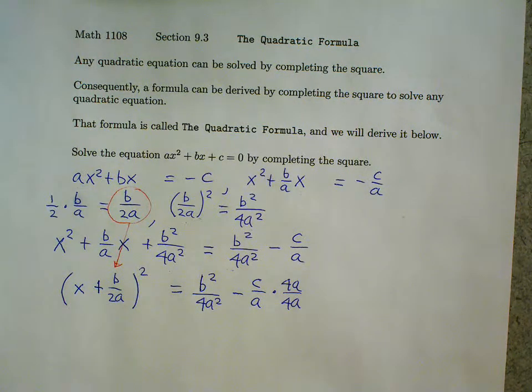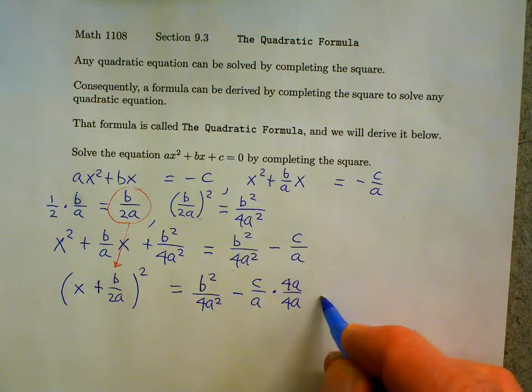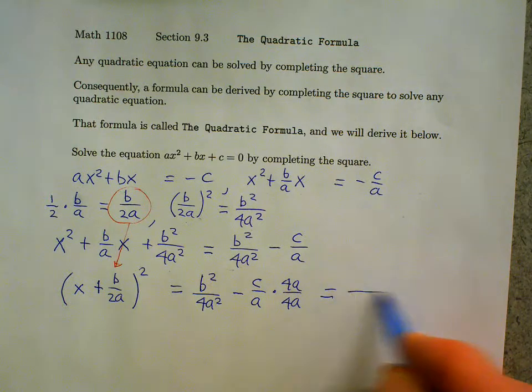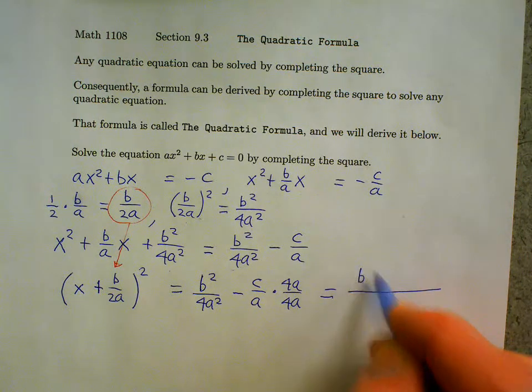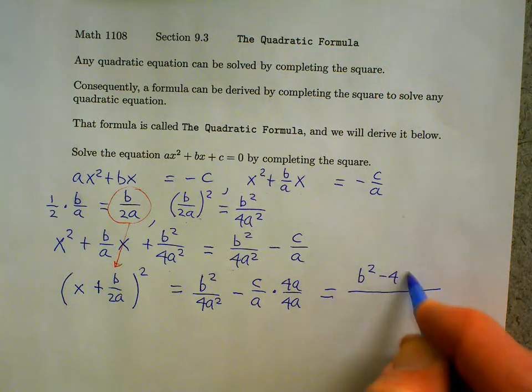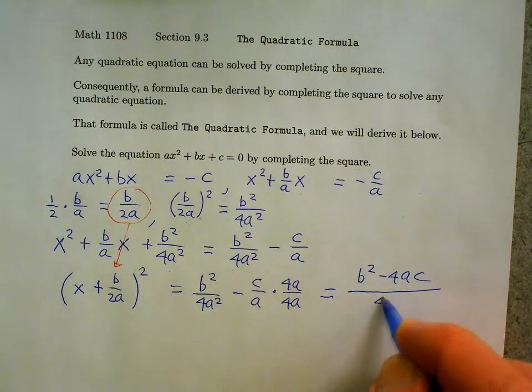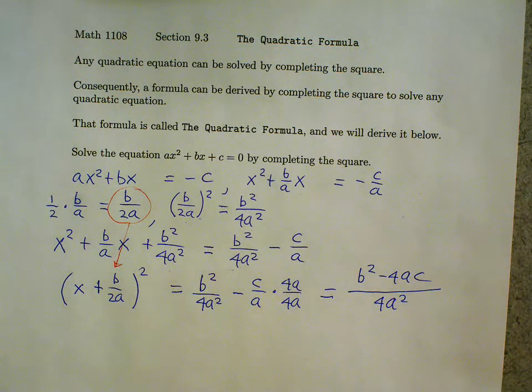And then the right-hand side, now that we have a common denominator, we can write it as b squared minus 4ac in the numerator divided by 4a to the second in the denominator.